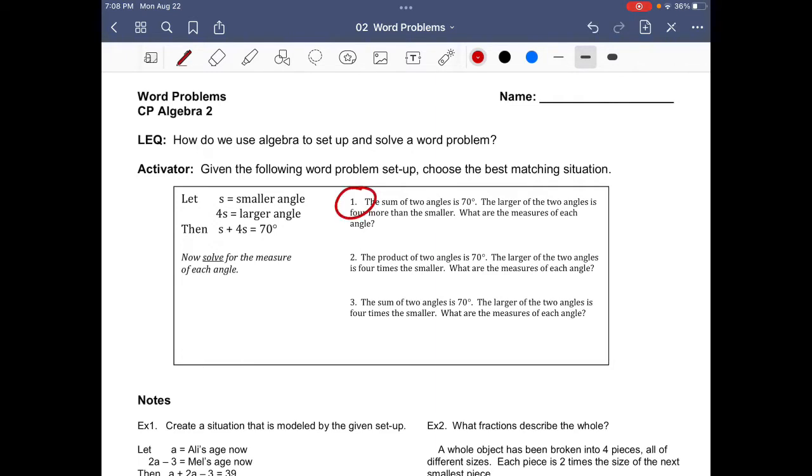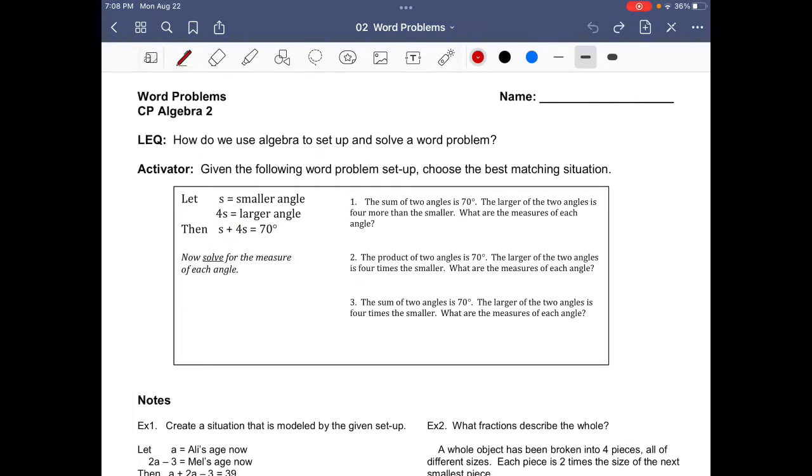It says that the sum of two angles is 70. Well, s is one angle, and you have to understand that 4s is another angle. So it looks like we're adding, that's the sum of these two angles. That seems to match pretty good. The larger of the two angles is 4 more than the smaller. We see here 4s. Does 4s represent 4 more than the smaller?